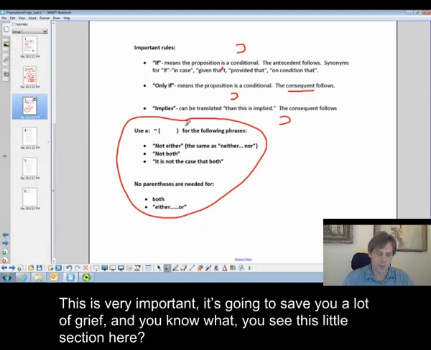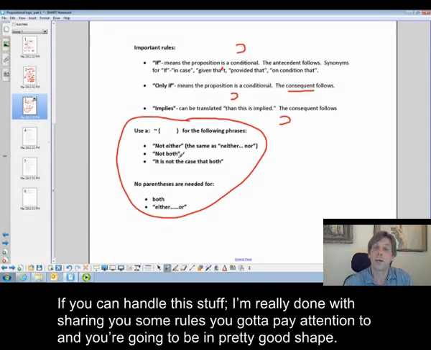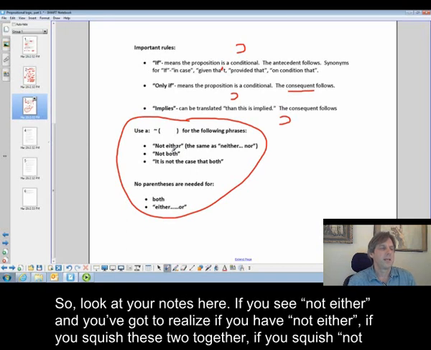This is very important. It's going to save you a lot of grief. And you know what? If you can handle this stuff, I'm really done with sharing you some rules you've got to pay attention to, and you're going to be in pretty good shape, okay?